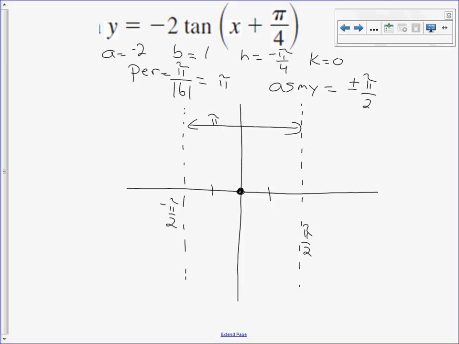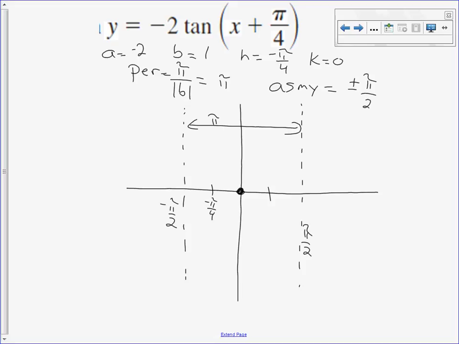And I also know that with my tangent graphs, the shift of where the changing directions occurs is halfway between the asymptote and the origin. What's halfway between negative pi over 2 and 0? And what's halfway between 0 and pi over 2? Good.